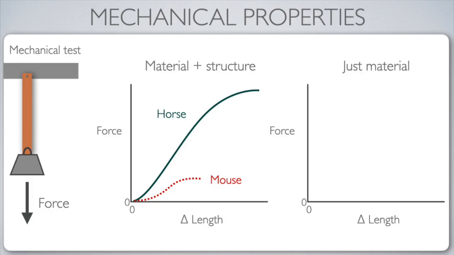And so if we want to remove the structural aspects of the loading on those molecules, we'd consider the cross-sectional area of that material.